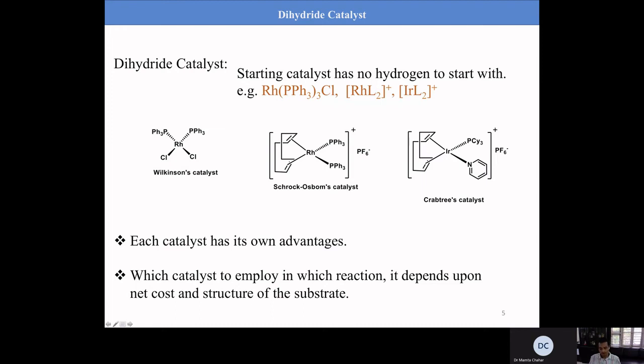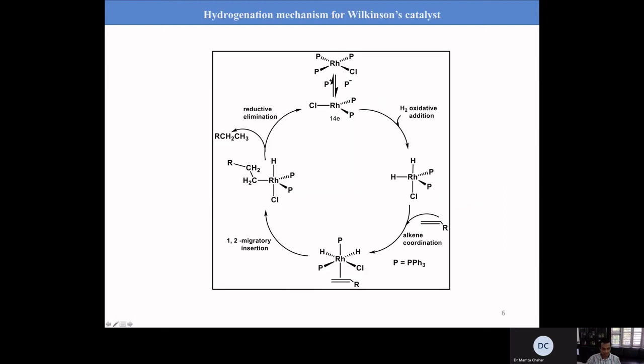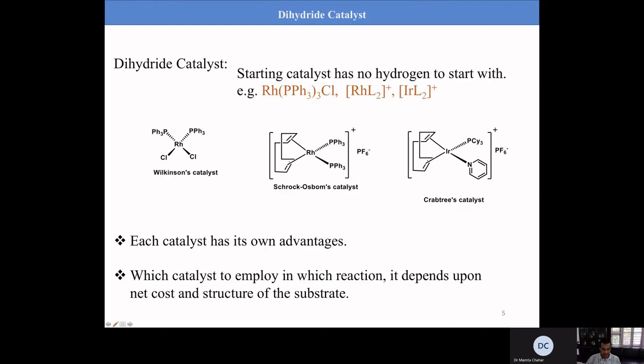Okay, moving on, for the dihydride catalyst we were discussing briefly in the last class. For the dihydride catalyst, we have the Wilkinson catalyst, which is most famous, as you have seen. It has a chloride and a bis-triphenylphosphine ligand. Of course, this is a rhodium 1 complex.